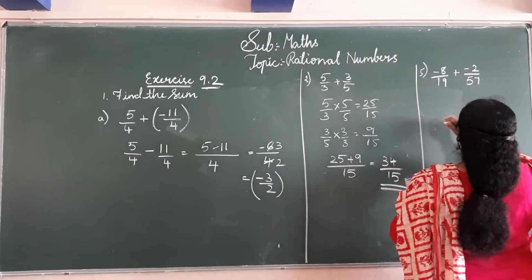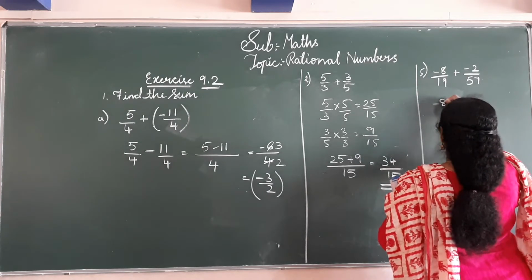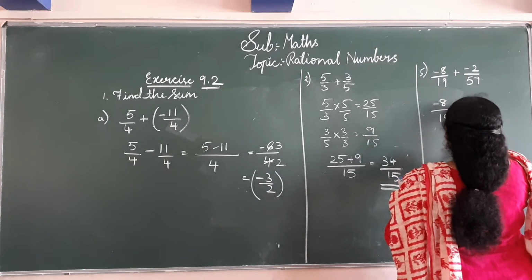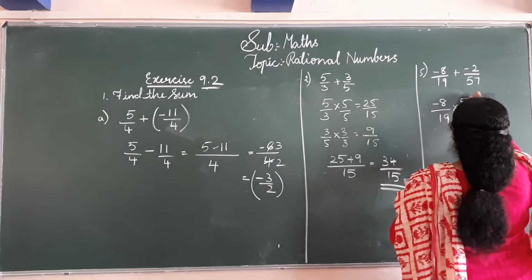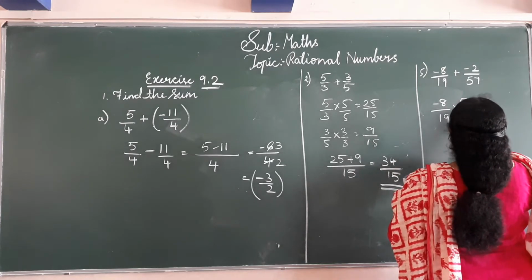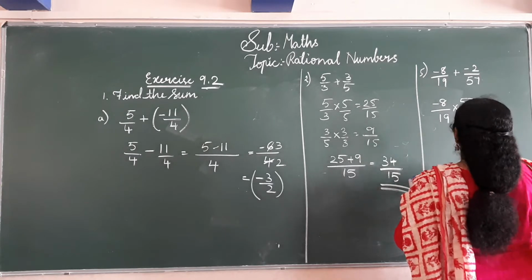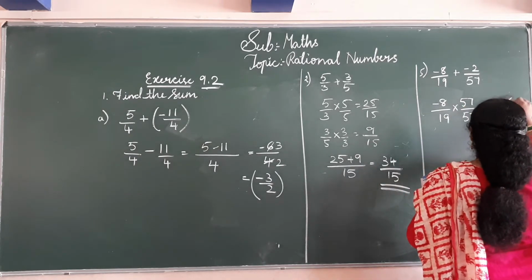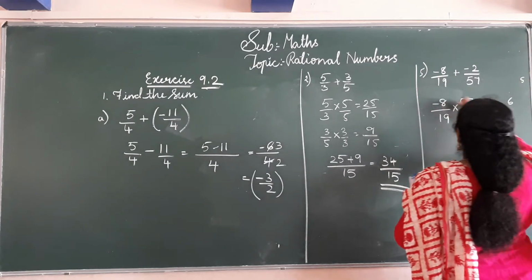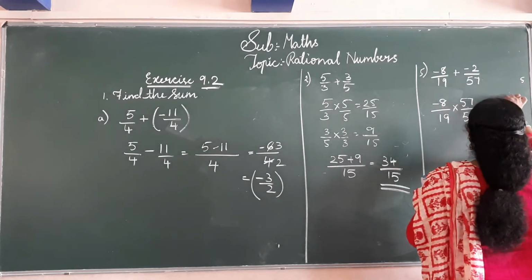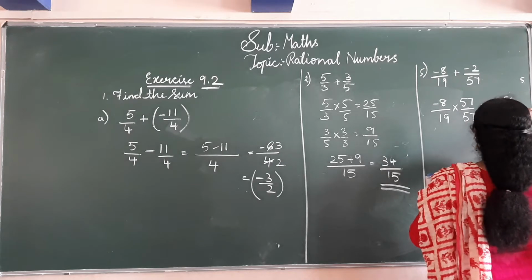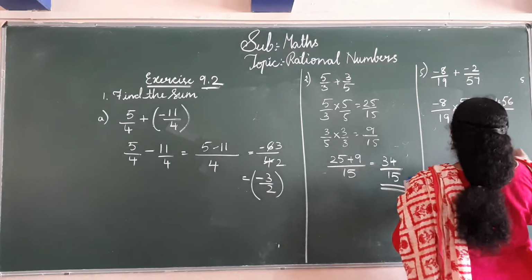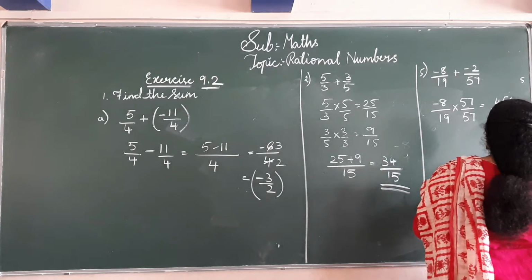So here we got to directly multiply minus 8 by 19 into 57 by 57.